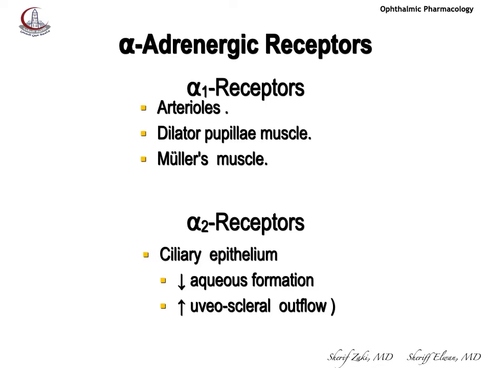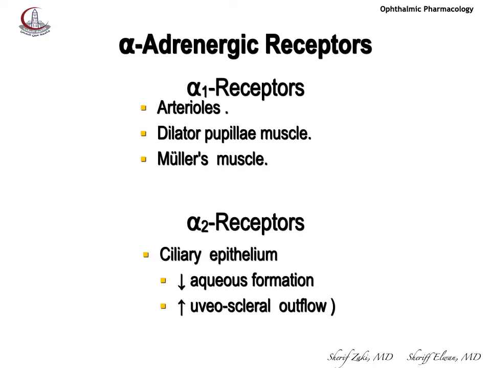Now, the adrenergic receptors, as we said, are classified into alpha and beta receptors, and alpha receptors are either alpha 1 or alpha 2. Alpha 1 are in the arterioles, the dilator pupillae muscle, and Müller's muscle, which is a part of the levator palpebrae superioris, as you all know.